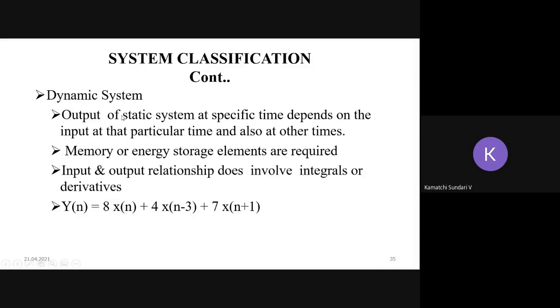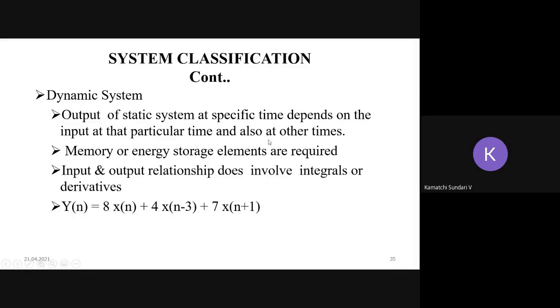And coming to the dynamic system, sorry, here it should be dynamic. The output of the dynamic system at a specific time depends on the input at that particular point of time and also at all other times. It is possible, right?